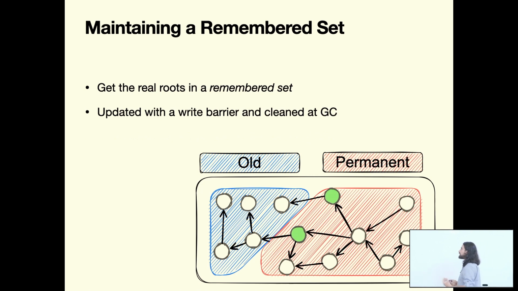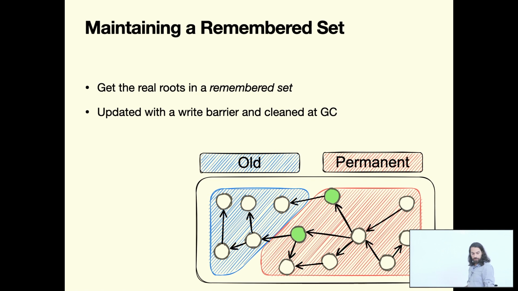So what we need to do is somehow maintain a remembered set. What is a remembered set? It's a set of objects that remember objects in the old space. So these are the green objects. If we track only the green objects, then every time we are going to collect the old space, we just need to iterate all the green objects. And that should be much cheaper than traversing all the red objects.